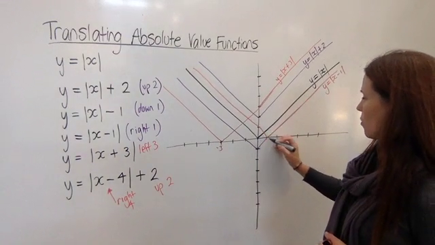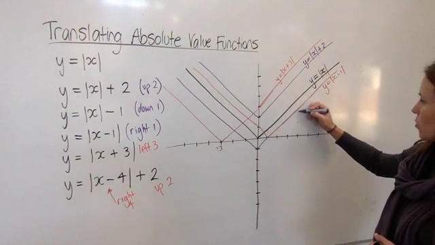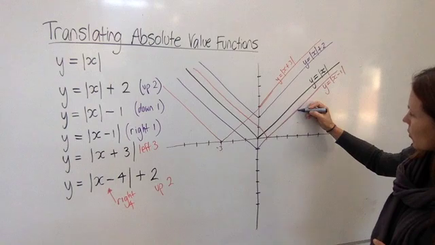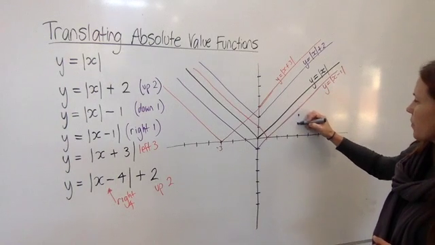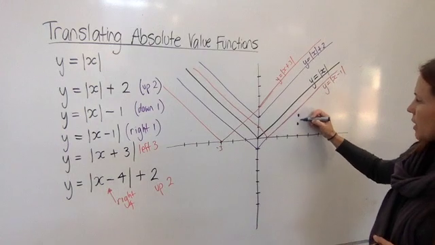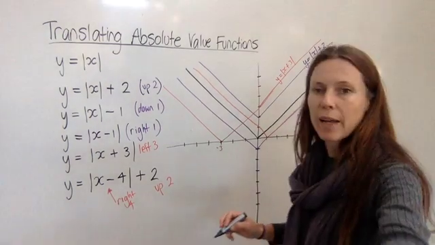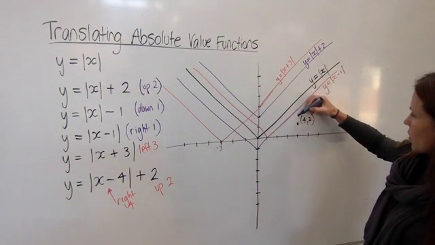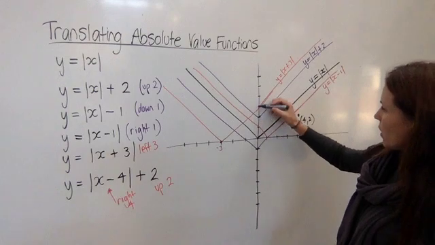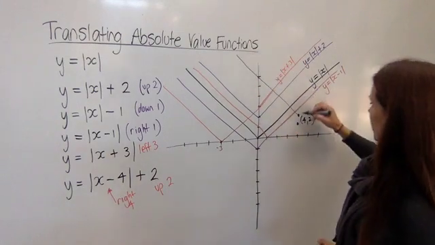Let's move it right 4, 1, 2, 3, 4, and up 2, 1, 2. Is it sitting right where that line is? No, I think it's a bit below it. Here. And so we're sitting at 4, 2. And if it's going to go up at an angle, then the angle is going to have to be 45 degrees. So if it's going across 4, it will need to go up 4. So it'll cut through here and sit up like this.